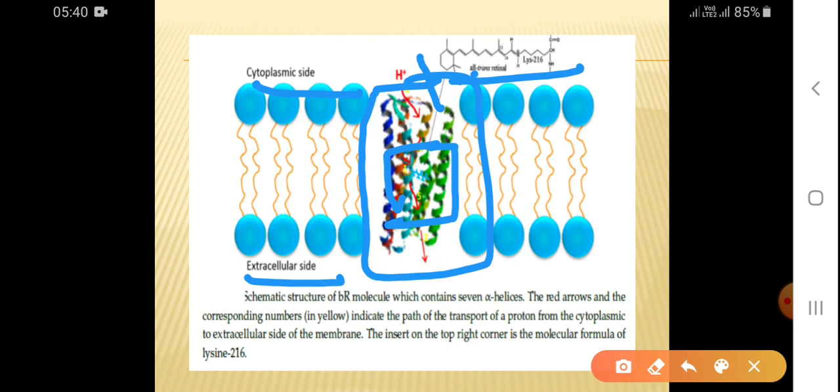This Br molecule, as you have seen, is a 7 membrane helical structure which contains a protonated Schiff base in between, which is connected to the retinal molecule via the lysine 216.